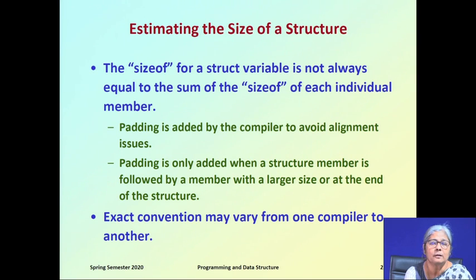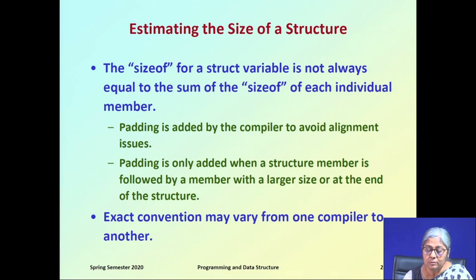Somewhere we see that some structure has one integer, one floating point, somewhere it is two integers, one array of type float. So, then what will be the size of the structure, how actually it is determined, how it is computed.